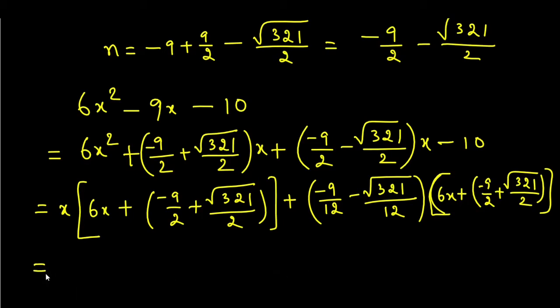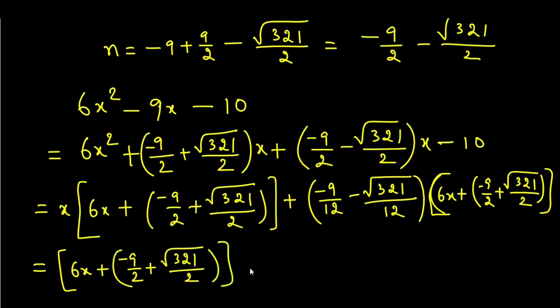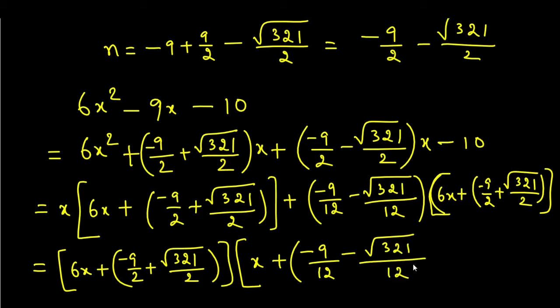So now this can be written as 6x plus minus 9 by 2 plus under root 321 by 2. When we take this one as common, we remain with x here plus minus 9 by 12 minus under root 321 by 12.